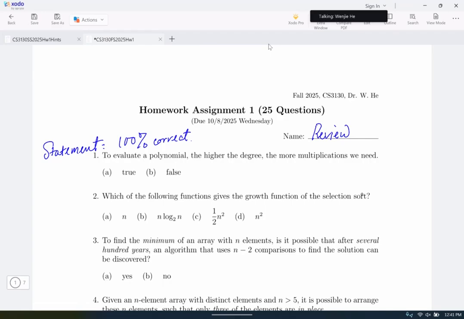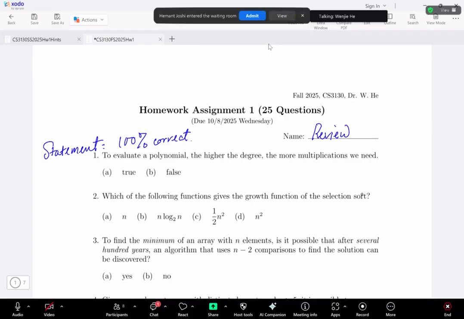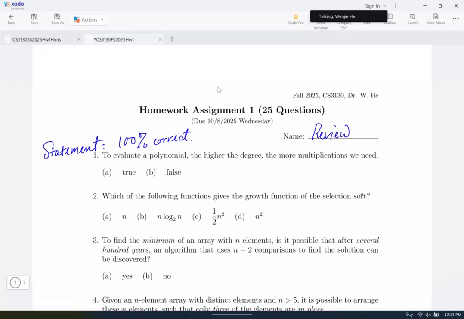Then we disprove it. Right? That's the main point. Yeah. So here we know how to find, let's say, a counterexample. It's very easy to find a counterexample. Okay? All right.